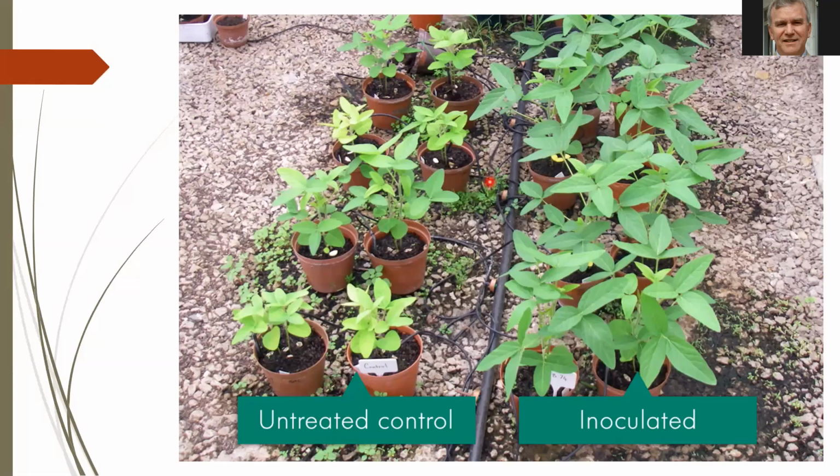Rhizobia captures the atmospheric nitrogen, delivers it to the plant. Plants utilize the nitrogen to form all kinds of molecules, for example, proteins. It fuels the metabolic system of the plant, and at the surface level, on the level of observation, you can see a plant's response. That's what you're looking at here. Next slide.